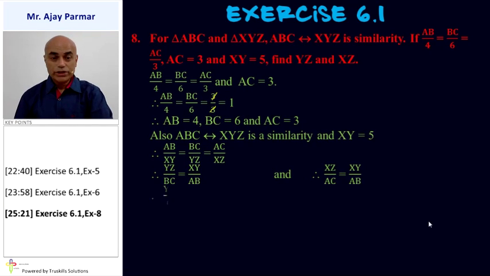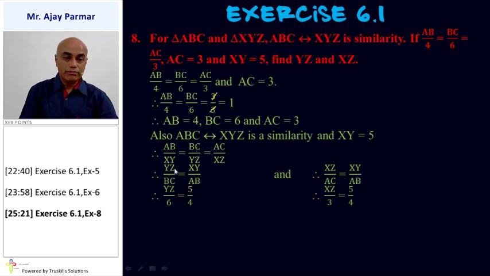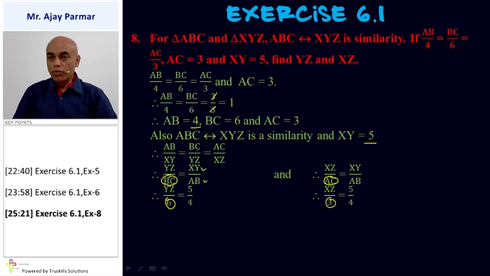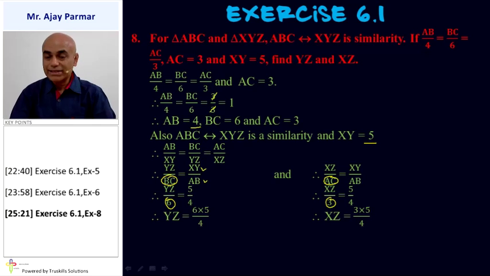So YZ upon 6 is equal to 5 upon 4 and in the same way XZ upon 3 is 5 upon 4, substituting the values of BC and AC as 6 and 3 respectively, and we already know that XY upon AB, XY being 5, AB being 4. So YZ is 5 into 6 upon 4, whereas XZ is 3 into 5 upon 4.